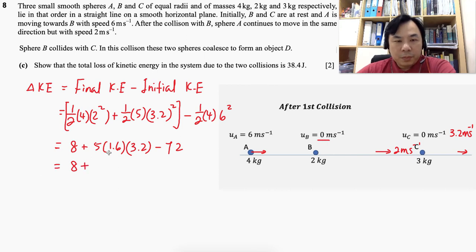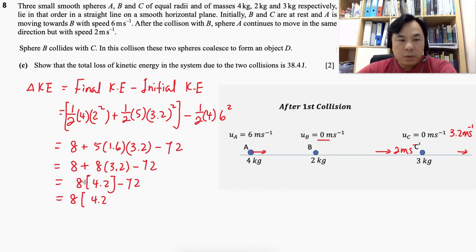So that will be an 8 by 3.2 minus 72 there, and then we have 8 by 4.2 here, of course. Okay, and then now that can be further factorized out again, because I don't use a calculator most of the time, so I need to do a bit of algebra here.